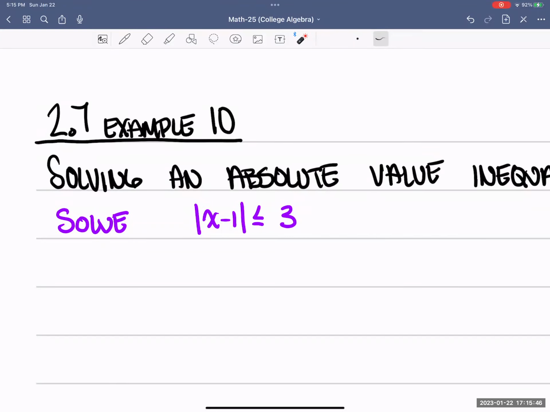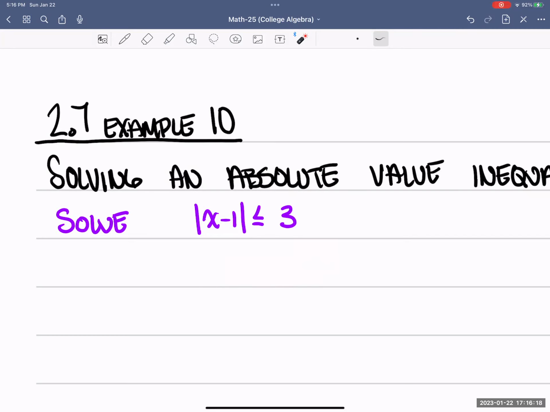If we throw a really big number in there, let's say absolute value of 1,000 less than or equal to 3, that's false. If we look at the opposite way, there are going to be plenty of values where the inside part is greater than or equal to the value out here.